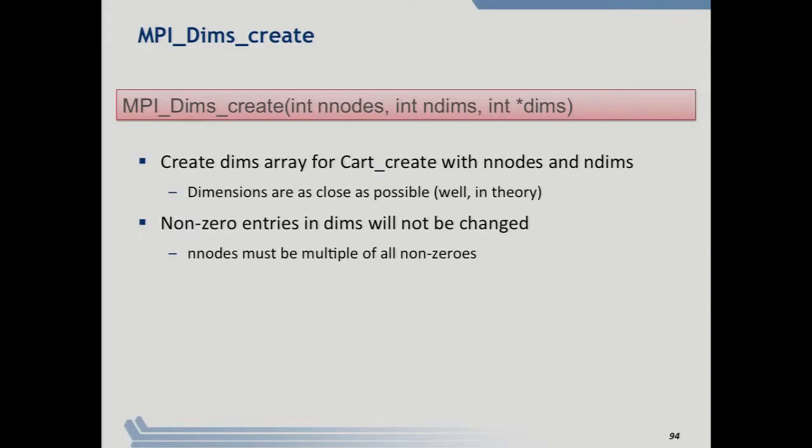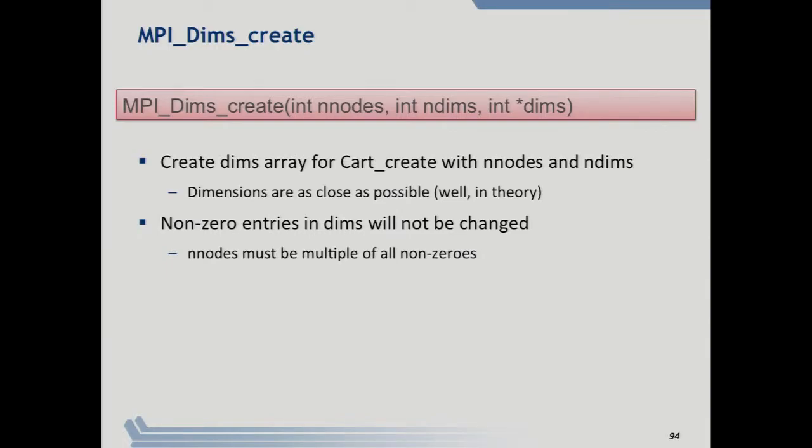What you specify is the number of nodes, and this is the number of processes. The example I gave was 520. So you pass 520 here, and if you want a 3D decomposition of that, you pass 3 out here, and in this array, MPI will fill in a suggested decomposition that is good for 520.